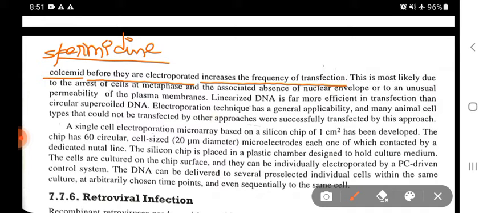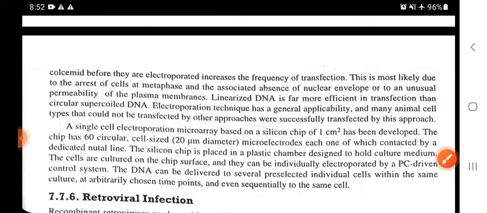So if we apply colcemid or spermidine to the target cells just before electroporation, it has been mentioned that it increases the frequency of transfection. This is most likely due to the arrest of cells at metaphase and the associated absence of nuclear envelope, or to an unusual permeability of the plasma membrane.